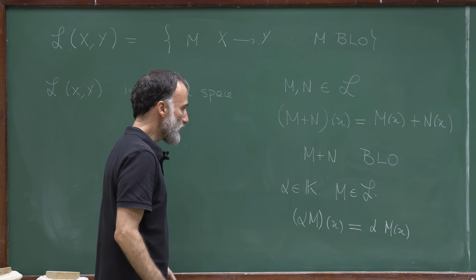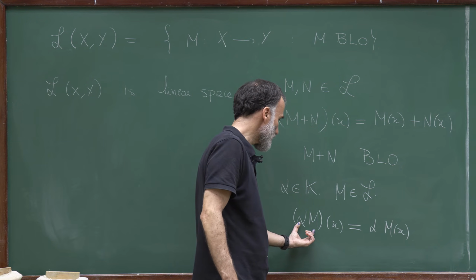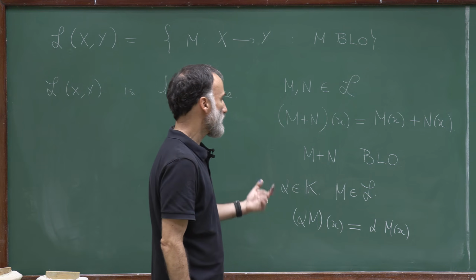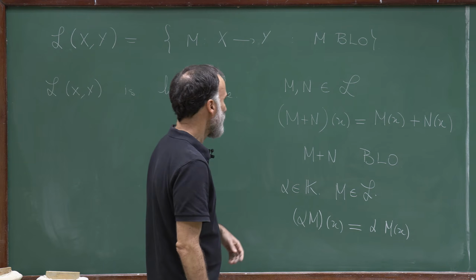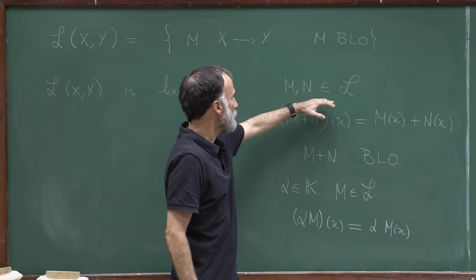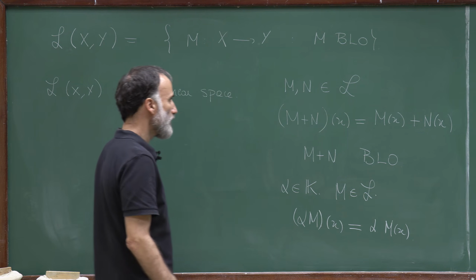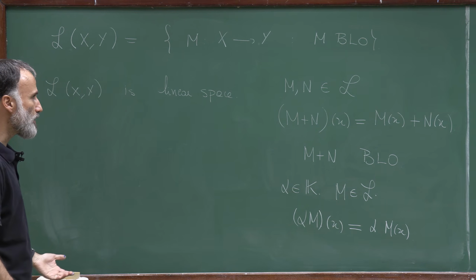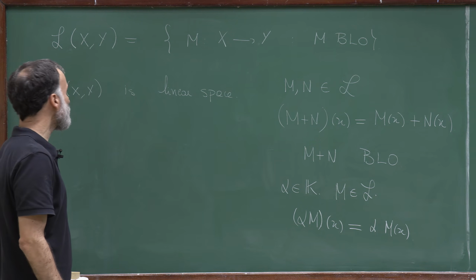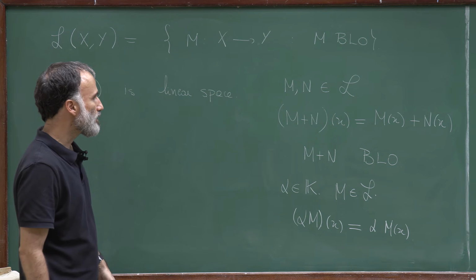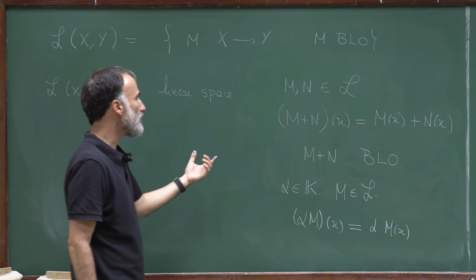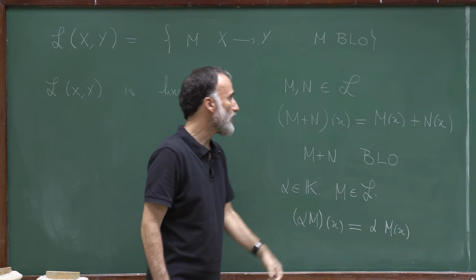And again, I leave it to you to show that this operator alpha M is linear and it's a bounded operator. So with these two observations, we conclude that L is indeed a linear space. And what I claim, and I will prove in the next blackboard, is that the norm of M is a norm for that linear space.